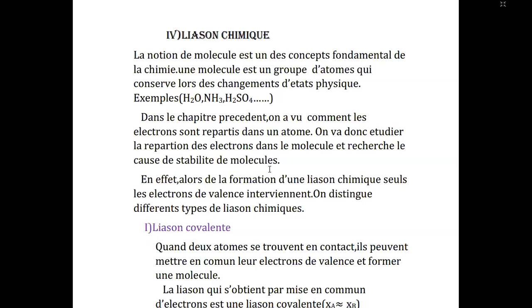When I add 2 plus 2, it will give me 4. Meaning carbon needs another 4 electrons to be stable. So it depends on the element or the atom. We're going to study how they share and how each gains its stability.